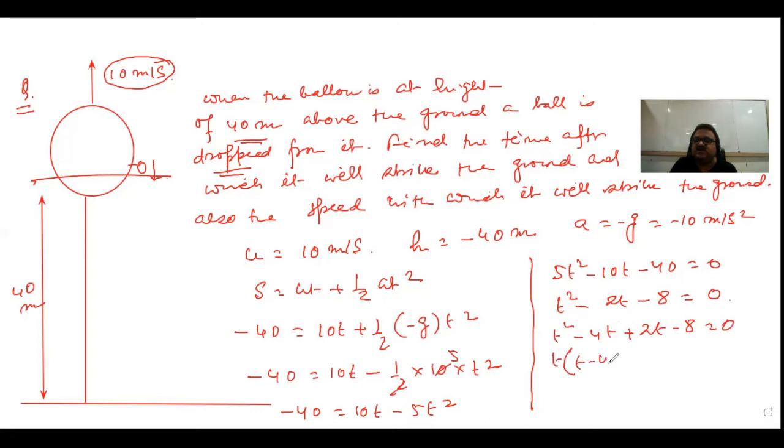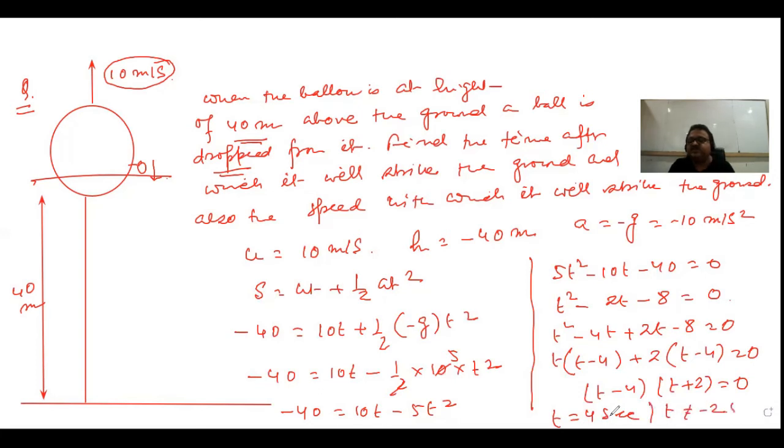Take t common, t minus 4, take 2 common, t minus 4 is equal to 0. So t minus 4, t plus 2 is equal to 0. t is equal to 4 seconds, and t is equal to minus 2, which is not possible.